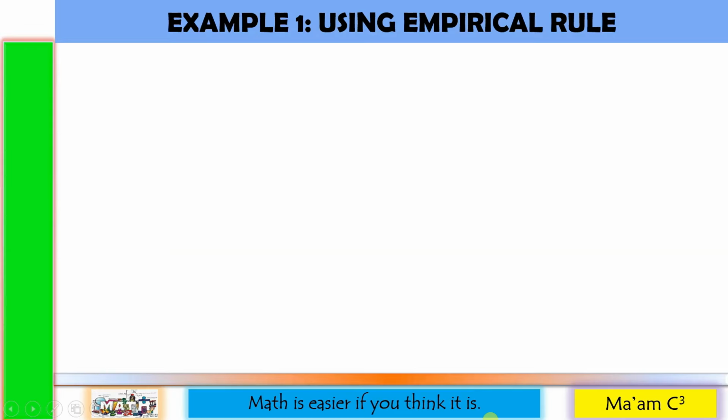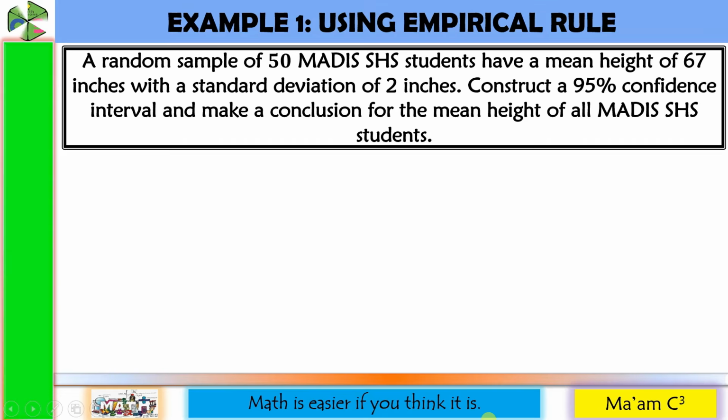Let's have an example. A random sample of 50 MADIS senior high school students have a mean height of 67 inches with a standard deviation of 2 inches. Construct a 95% confidence interval and make a conclusion for the mean height of all MADIS senior high school students. So first, let us identify our given here.